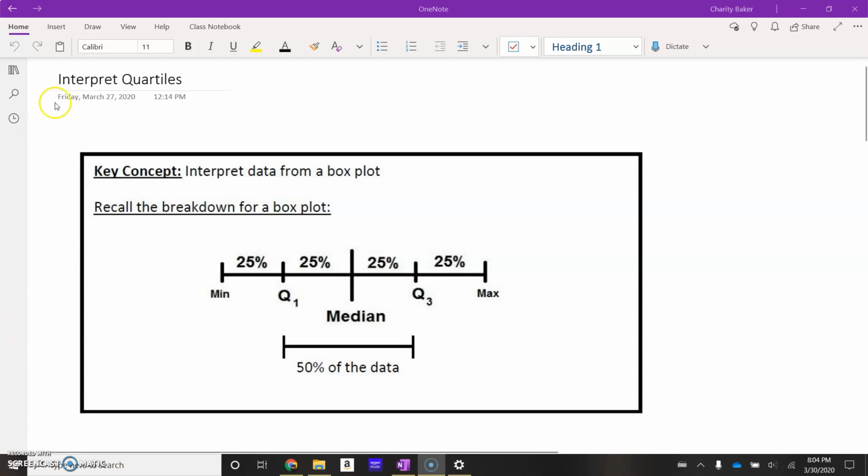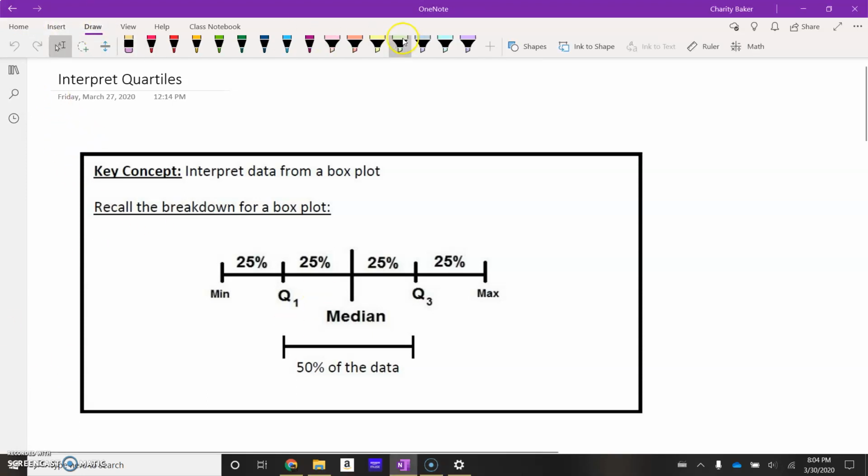So we're going to talk about a key concept here, interpreting data from box plots. We're looking at interpreting quartiles. We've talked before about how the quartiles, Q1, the median, and Q3, divide the data up into 4 equal sections, right?